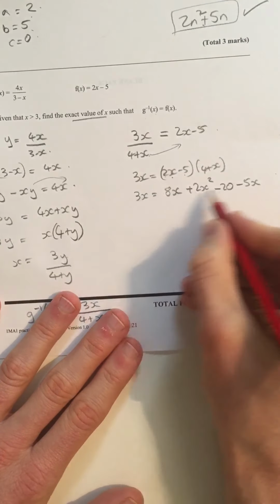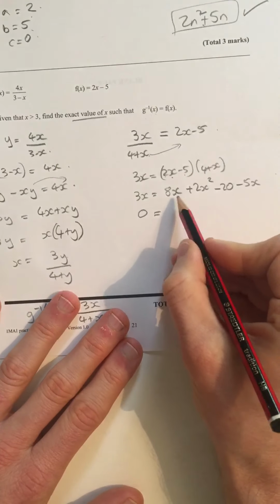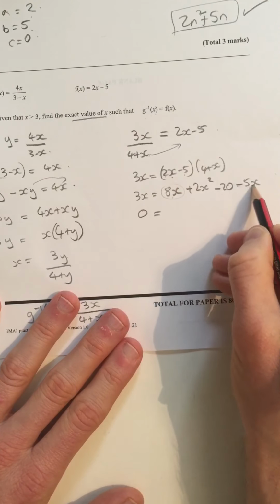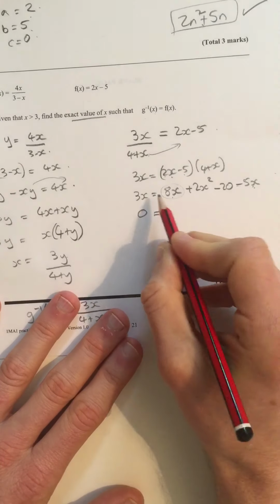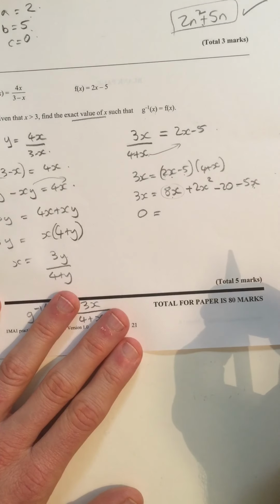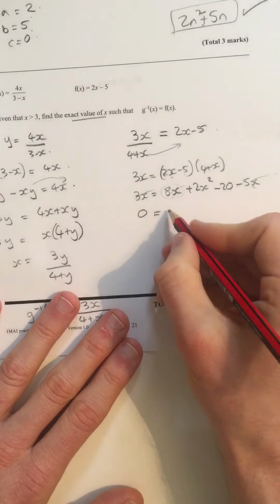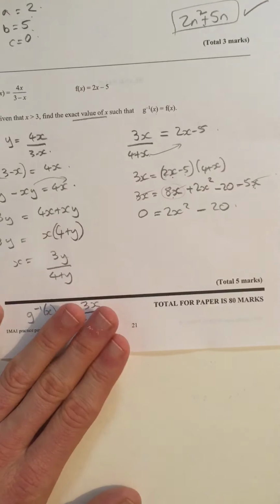So I'm going to take the 3x away from both sides. If I did that, over on the right-hand side here I've got 8x minus 5x, which is 3x. Take away that 3x, so actually all of those x's cancel out. I just get left with 2x squared minus 20.